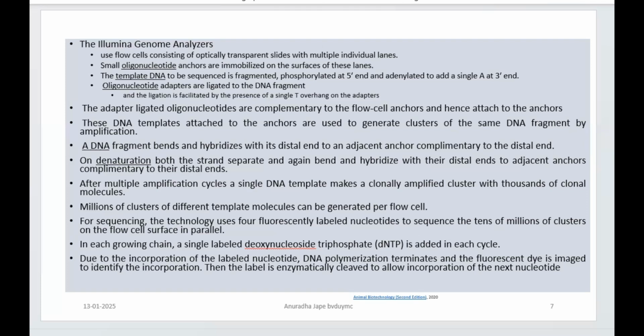And using that you can identify which base has got incorporated. Once it has happened, you are going to remove the label. That can be removed by enzymatic cleavage, and you are going to allow incorporation of the next nucleotide in the growing chain. So this is how, in short, is the flow chart.